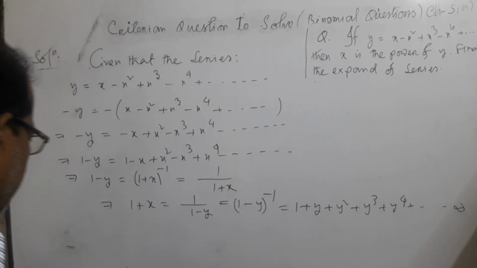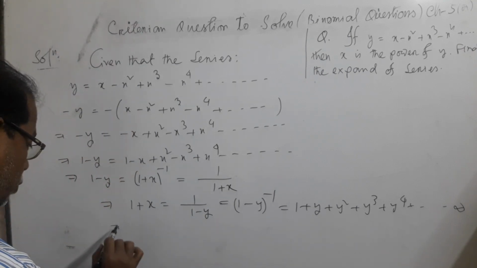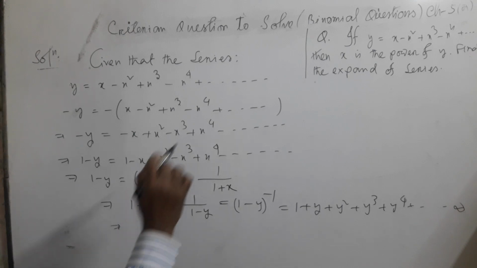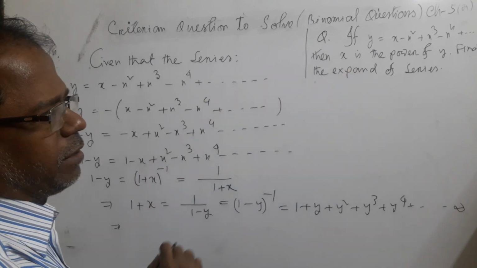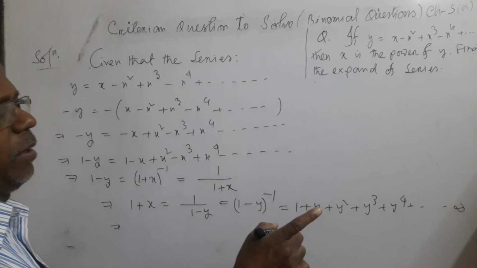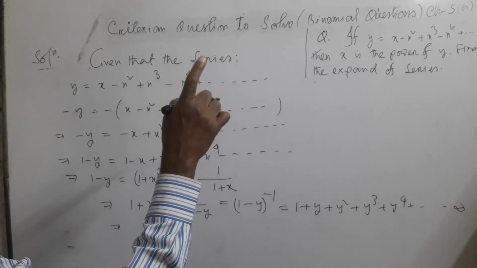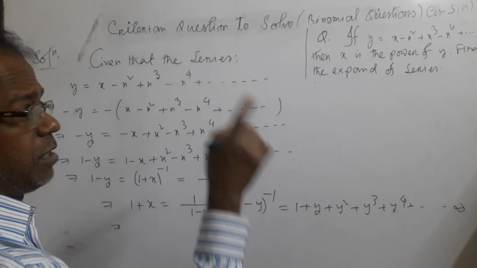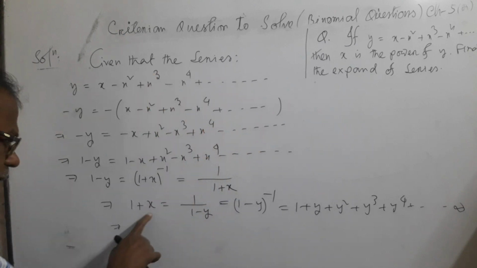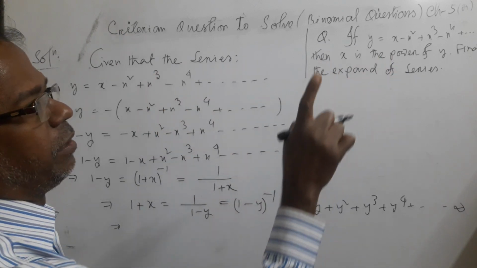So we have to find out x as a power of y. That means y equal to f of x function is the given series, and we find the series x equal to a power series of y.